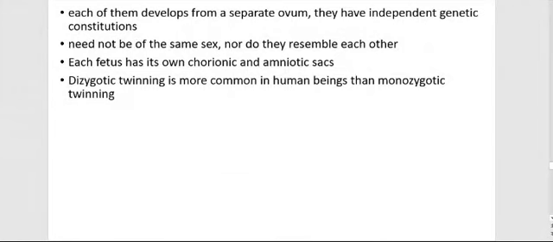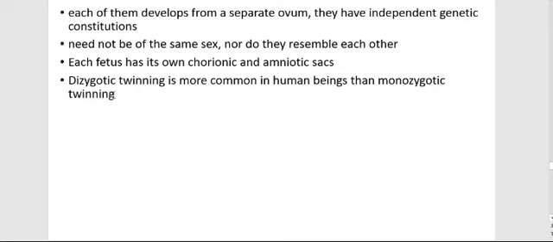When you look at them during development, each fetus will have its own chorionic sac, that is the placenta, and it will also lie in its own amniotic cavity because they are 2 separate individuals. So one twin will have his or her own placenta and lie in their own amniotic cavity, and the other one will also have their own placenta and their own amniotic cavity.